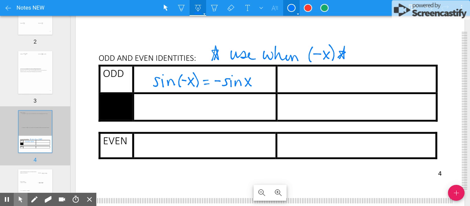So if sine is odd, that means cosecant. We do the same exact thing. And then there's one more odd function of the 6 trig functions, and that's tangent, and then its reciprocal cotangent. So if you see any of these 4 trig functions with a negative x inside, we just take the negative and pull it out.